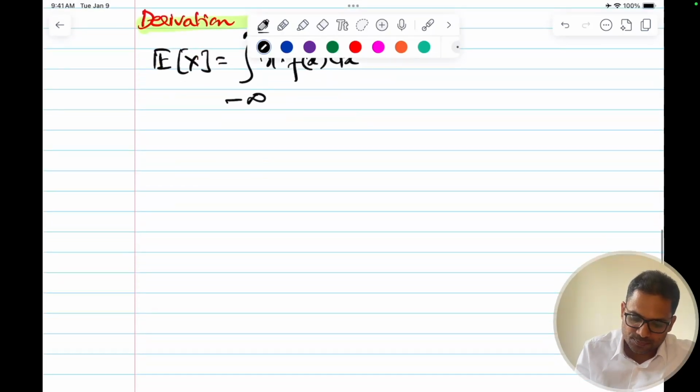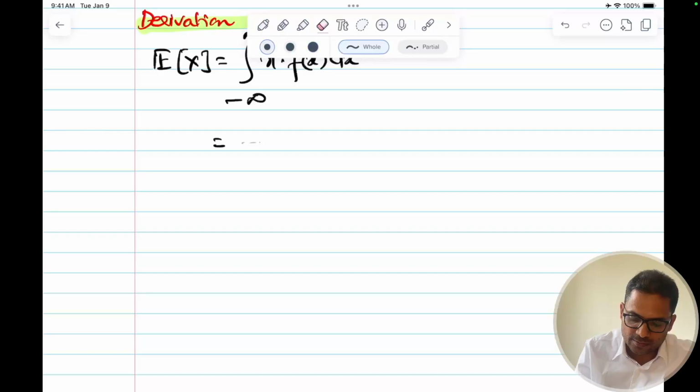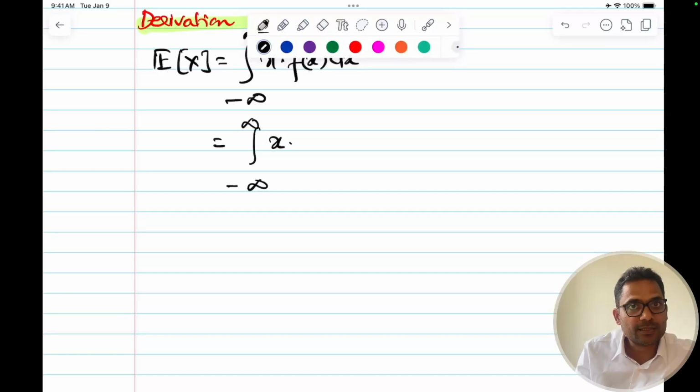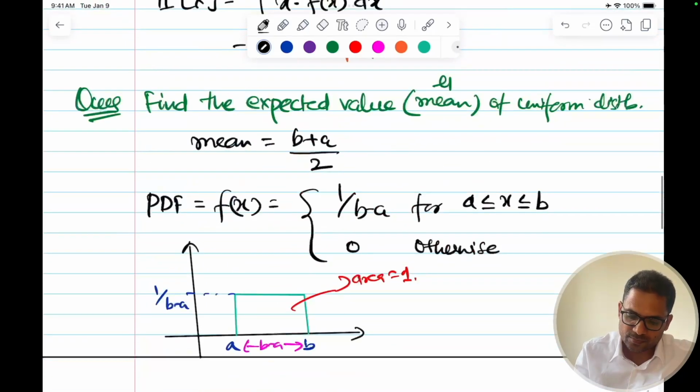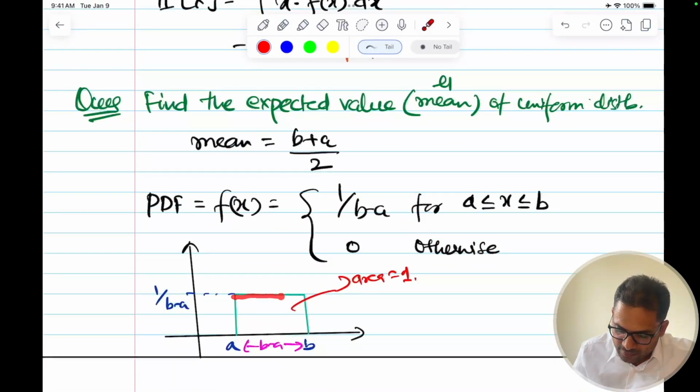Let's plug in the values. This is the integral. What is x? It will be as it is. What is the function of x? This is 1 by b minus a dx, because this is the expected value throughout the region. This is the mean, right? This is the expected value throughout.